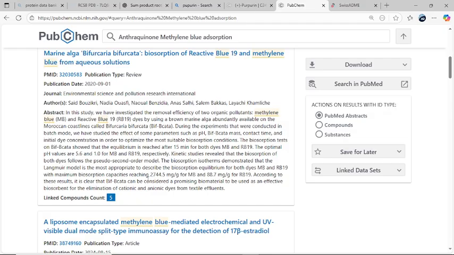I think the idea is because we are looking for a way to remove a pollutant.